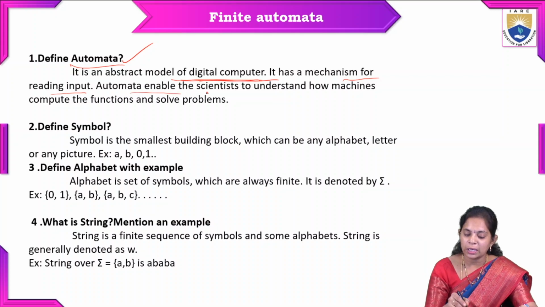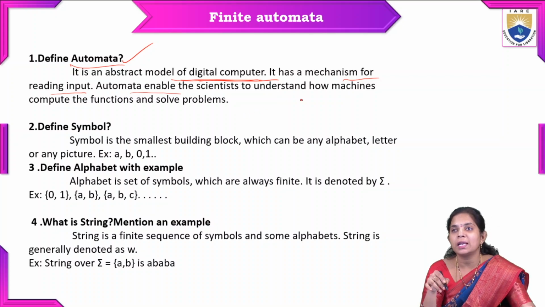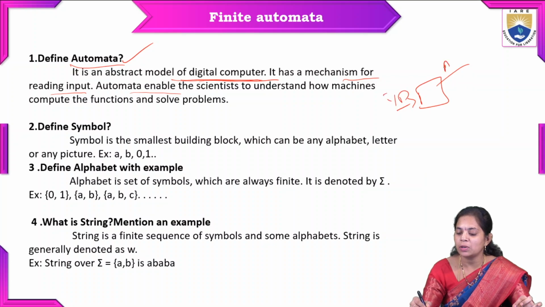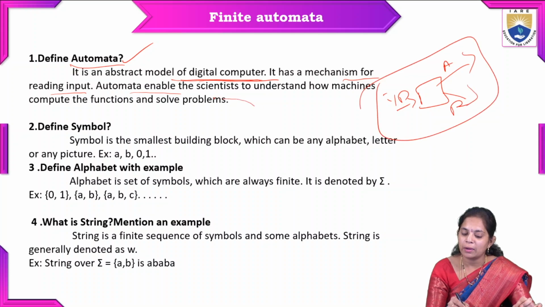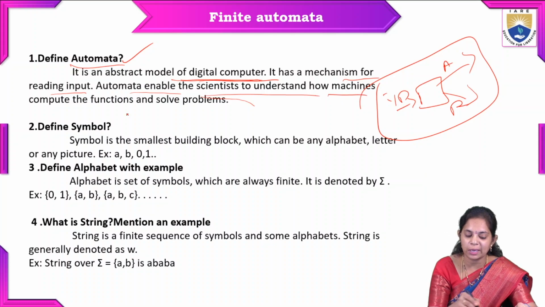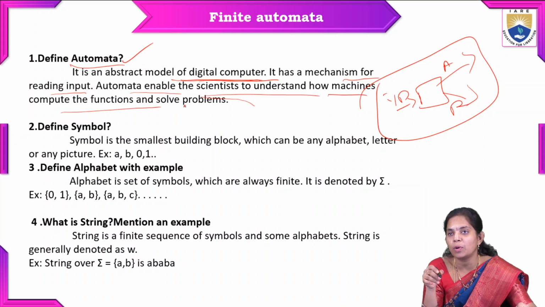Automata enable scientists to understand how machines work. When we give one input to the machine, the string is going to be accepted or rejected. This information helps scientists understand how a machine computes functions and solves problems.